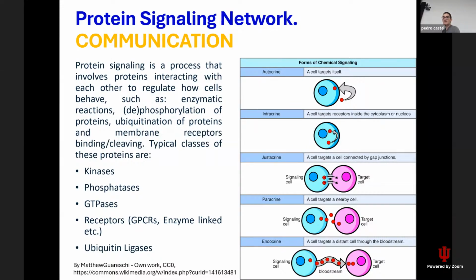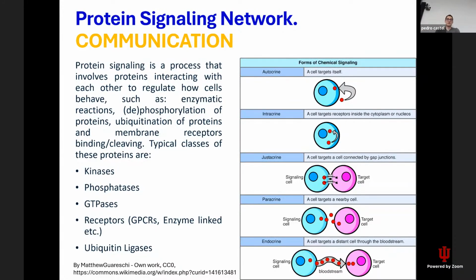And the ways at which proteins can pass information to other cells and inside the cell is by some reactions. So for example, phosphorylation is a reaction that changes the state of a protein. And once you phosphorylate a protein, it changes its structure, it changes its shape. And now it can behave in another way.